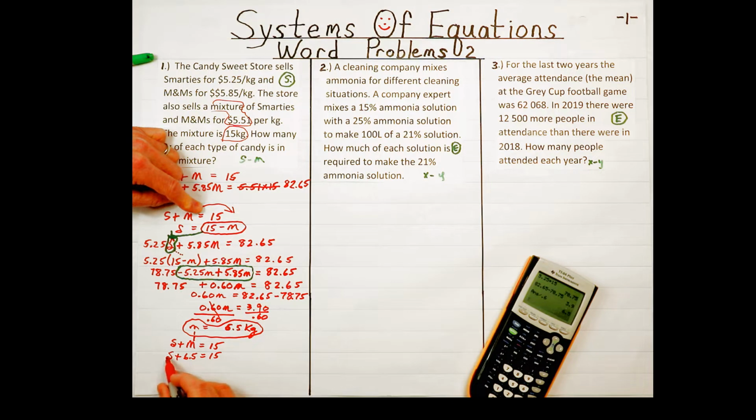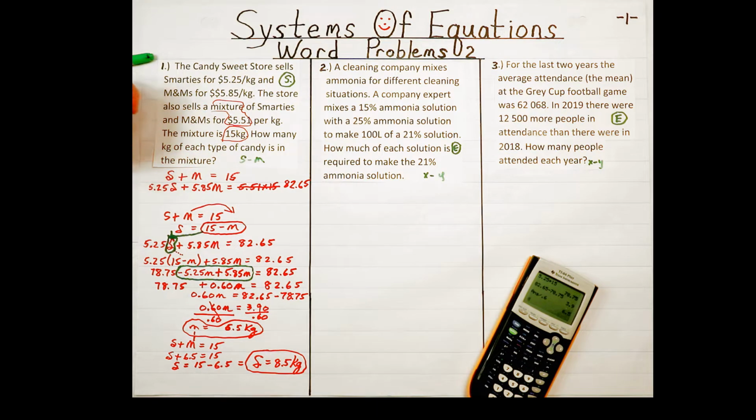We have to get S by itself, so minus 6.5 on both sides, so S equals 15 minus 6.5, and that is going to equal, looks like 8.5 to me. S is equal to 8.5 kilograms of Smarties. And these two should add up to 15, and they do.